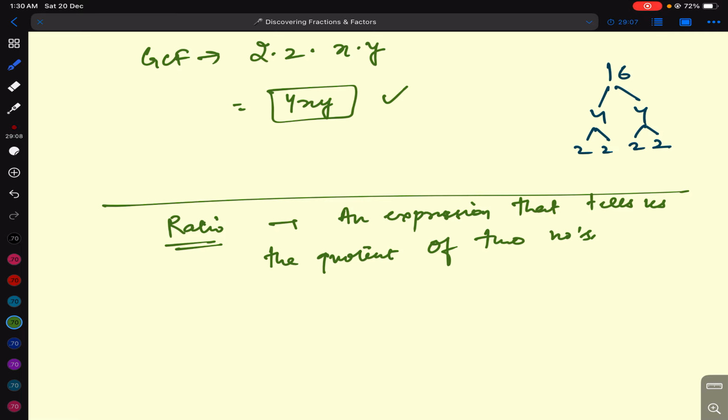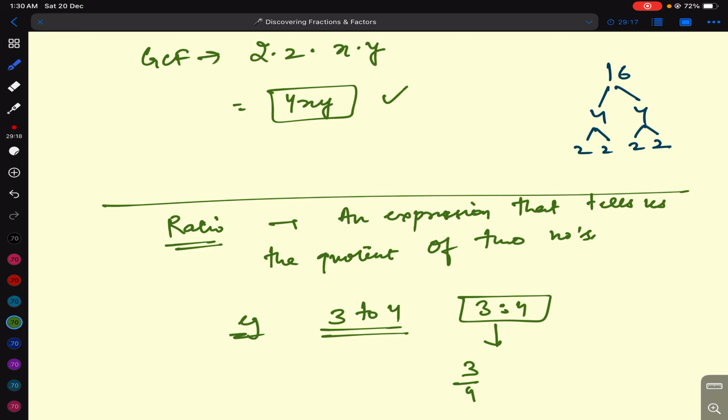For example, 3 to 4 can be written as 3:4. And how does it come? When you divide 3 by 4. This is how you represent the ratio. So this becomes your ratio, the ratio of 3 to 4.